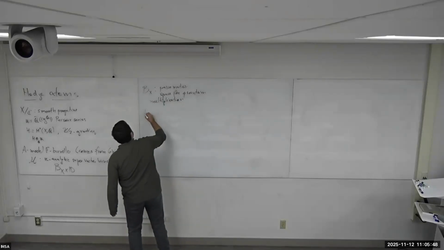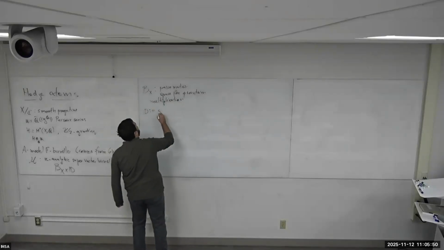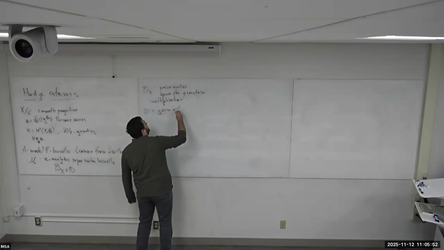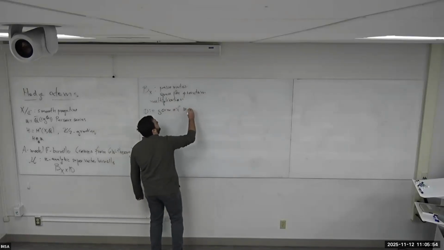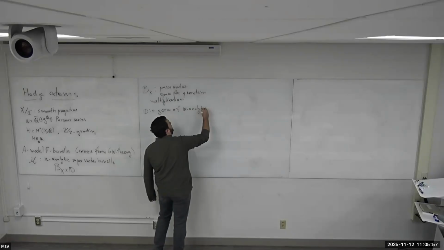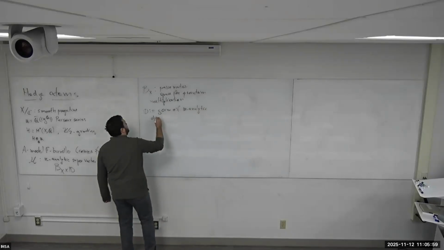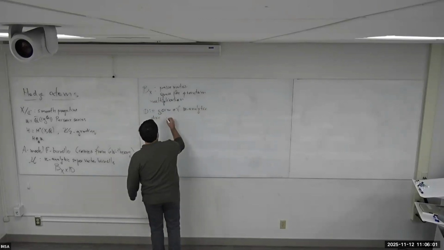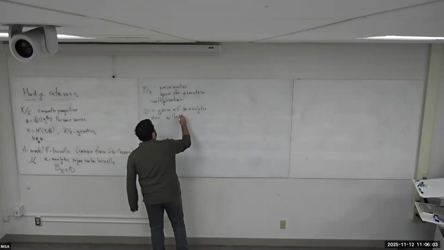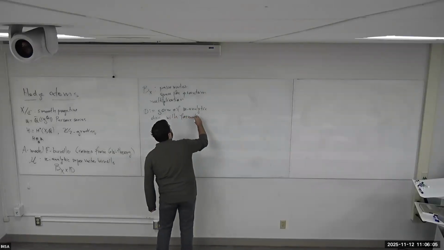And then B was a germ of a K-analytic disk with formal coordinate.